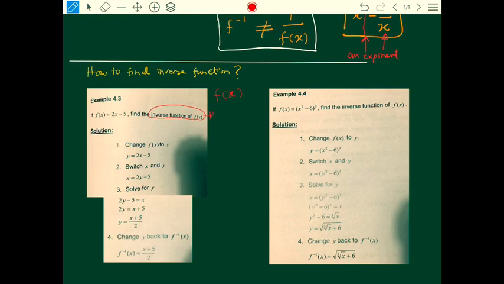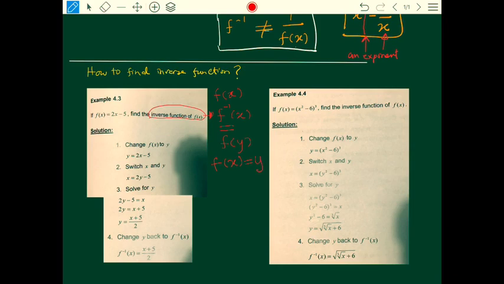If you write down the right notation, you should write it like this. So f inverse here is actually the same as f(y). So f(x) is equal to y.